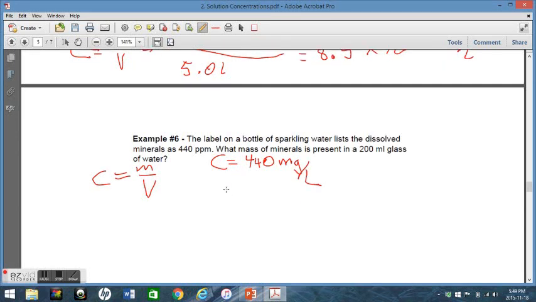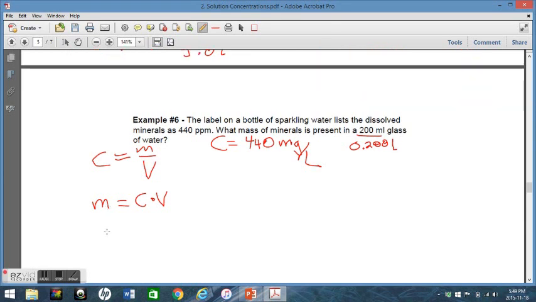Right, and so what mass of minerals is present in a 200 milliliter glass of water? Well, there's my volume. I have my concentration. Mass is equal to concentration times volume. I have to make sure my volume ends up in liters. 200 milliliters is 0.200 liters.